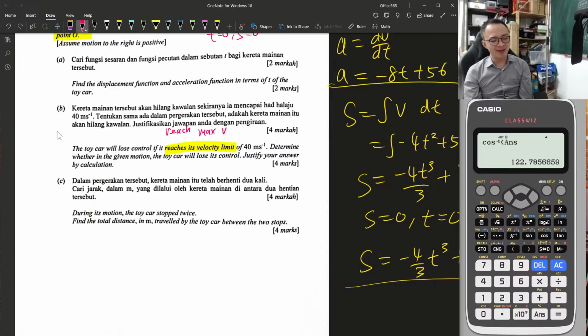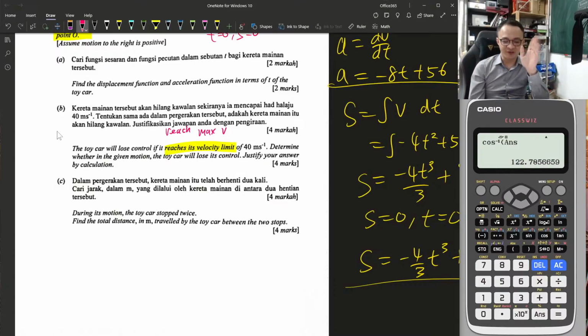Determine whether in the given motion the toy car will lose its control. Justify your answer by calculation. So if the toy car can reach 40, then it will lose control. Right now we do not know whether it will reach 40 or not.